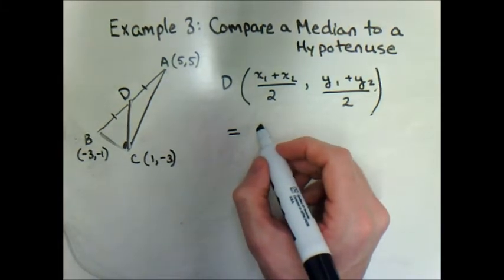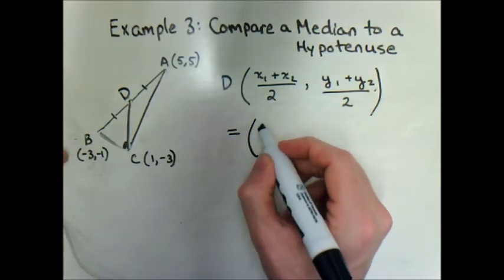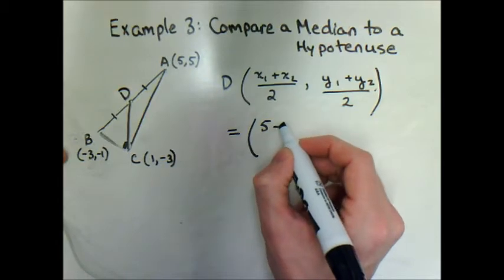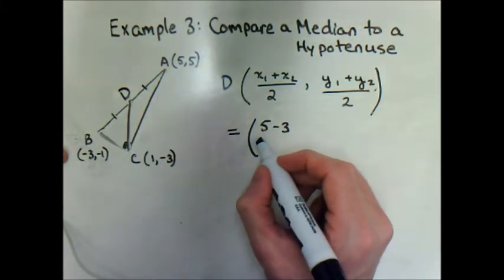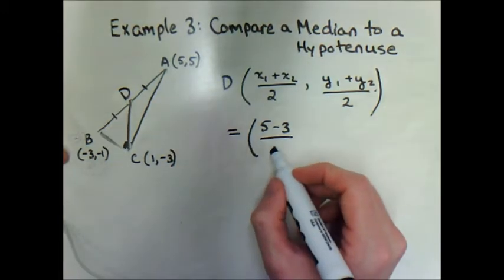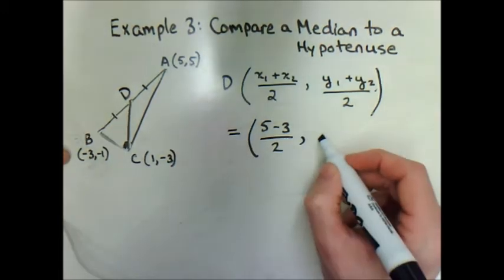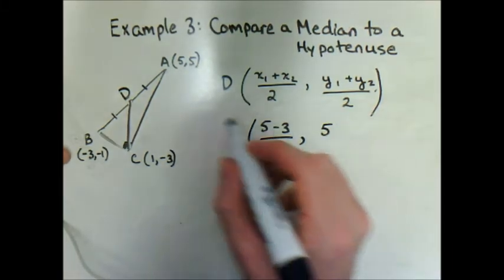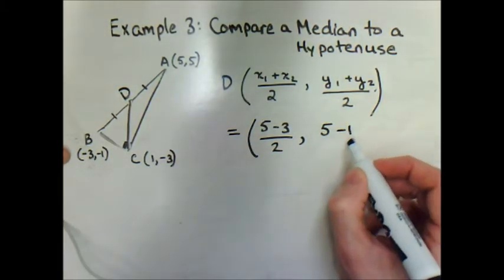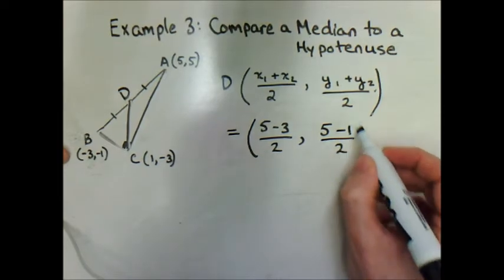Let's sub in the points that we know. Our two x values are 5 and negative 3. So 5 plus negative 3 is the same as 5 minus 3, over 2. And we have our y values. That's 5 plus negative 1. That's the same as 5 minus 1, over 2.